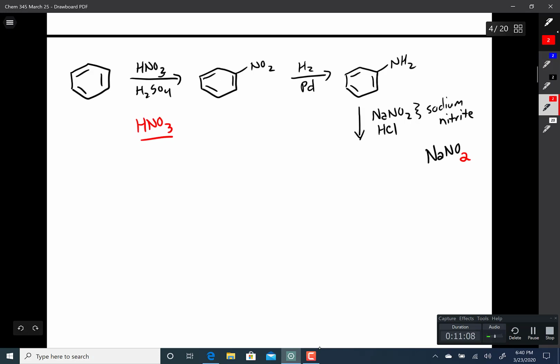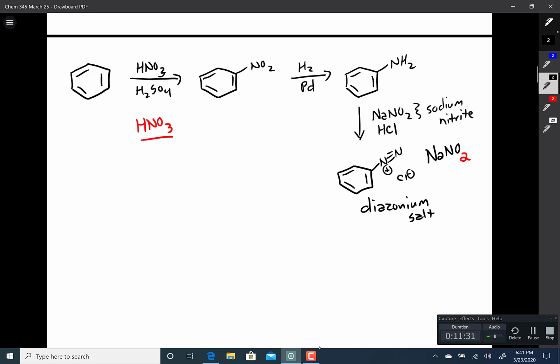But a solution of sodium nitrite in HCl can give what's referred to as a diazonium salt. And this reaction is called diazotization.